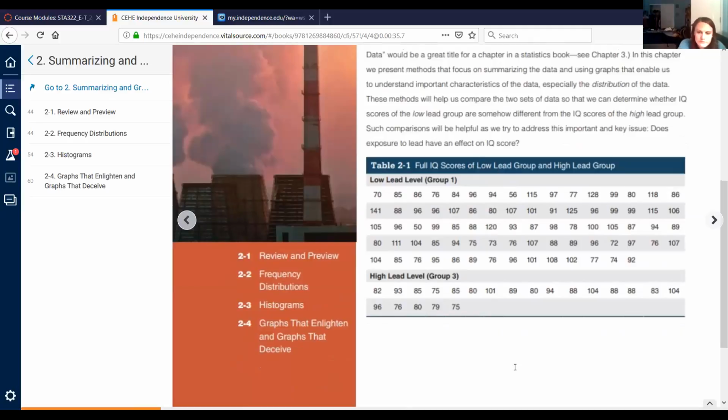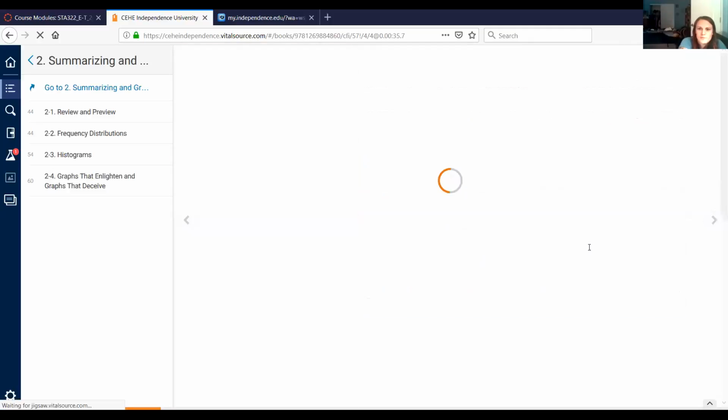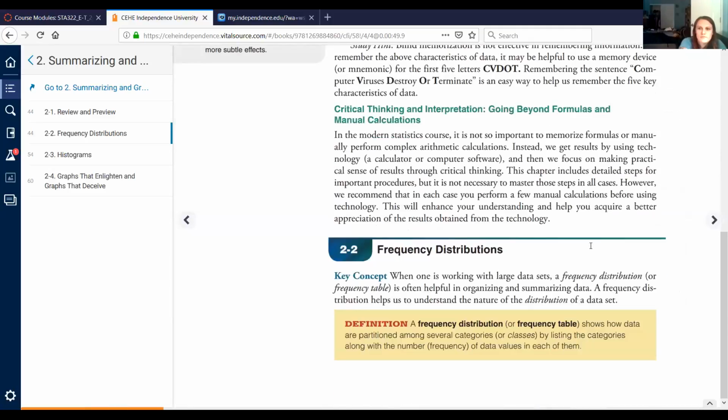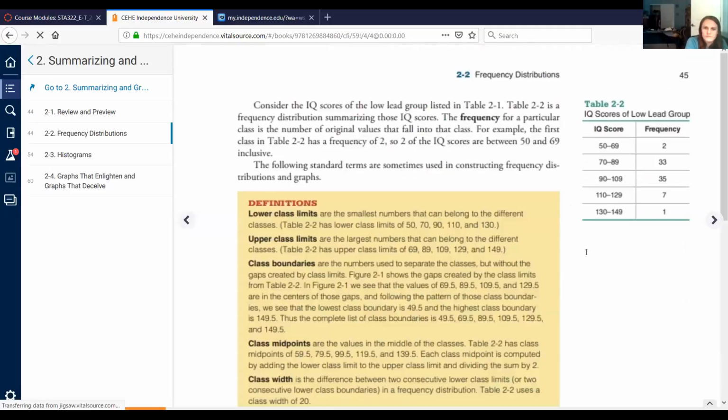This was an important study that led us to understand the effects of lead poisoning on cognitive development in kids. But we want to look at how we analyze the data, how we plot it out. One of those is to look at what we call a frequency distribution. And I'm going to ask you to read this material because I don't want to keep this going on forever, because I know you have a child to take care of.